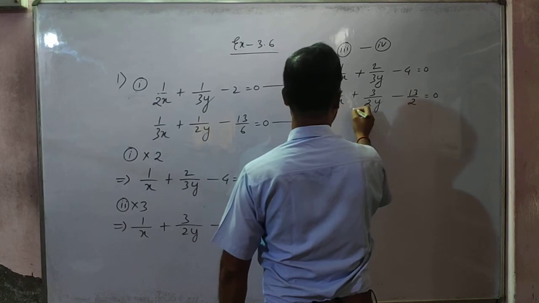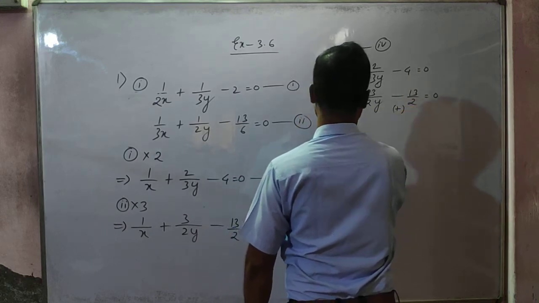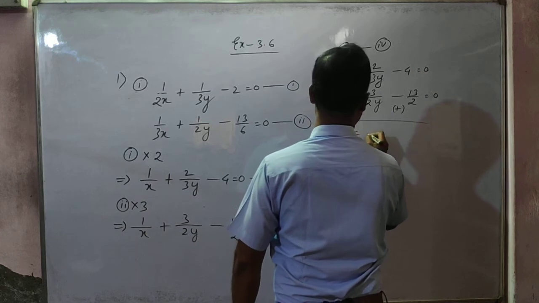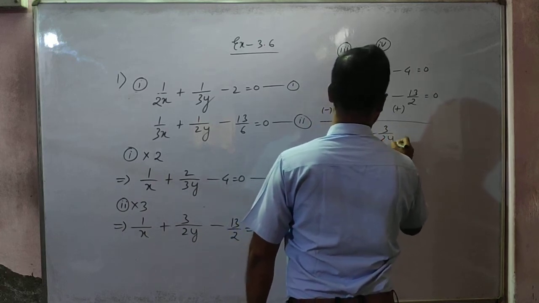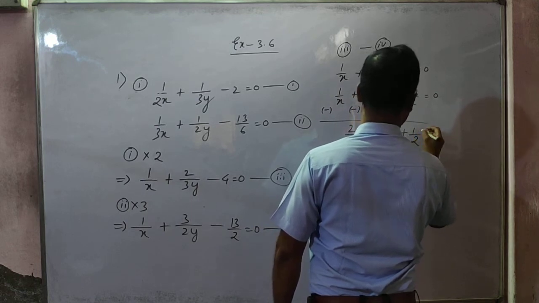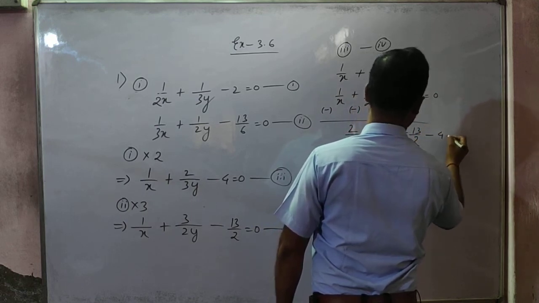So signs you change, minus sign, here plus sign. 1 by x cancels. So 2 by 3y minus 3 by 2y plus 13 by 2 minus 4 is equal to 0.